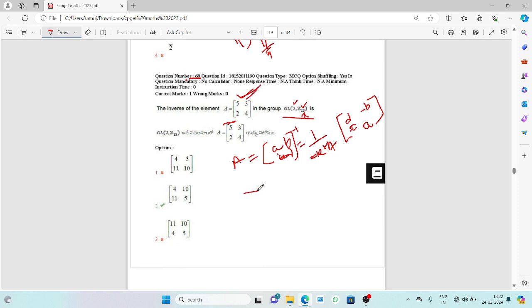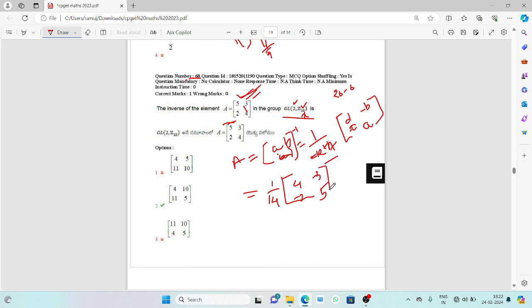If you do that, the determinant of A is 5 times 4, that is 20, minus 6, so we get 1 by 14 into the matrix: the D value is 4, the A value is 5, and the C value is the same but multiplied by minus, so minus 2, and the B value is 3, so that is minus 3.